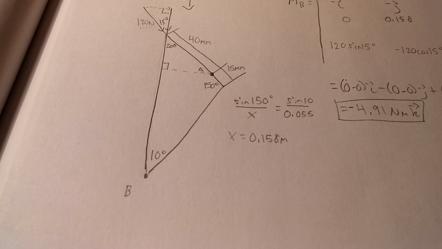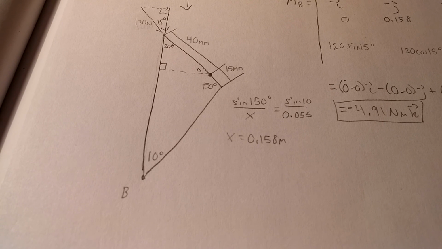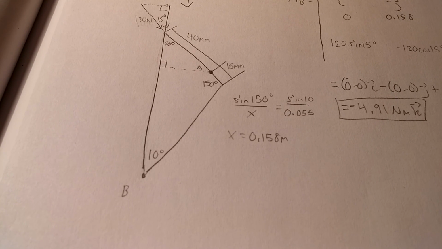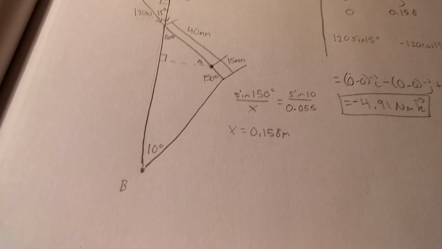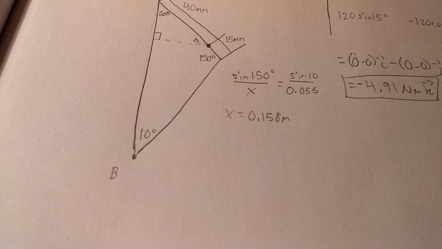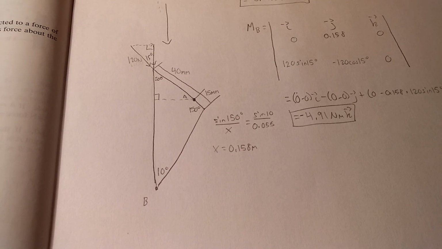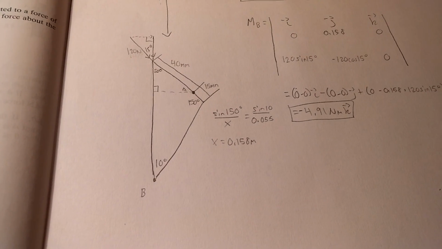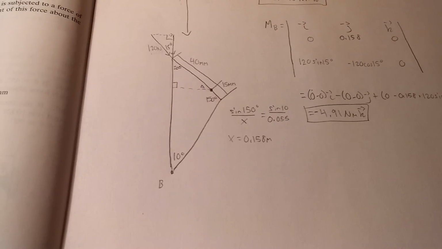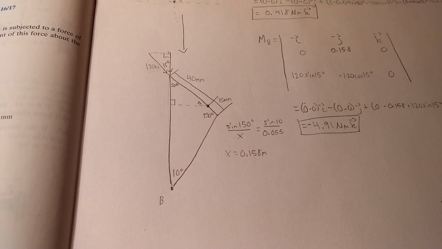Hang on, I'm sorry, I lost my train of thought. Okay, I figured it out. I had copied down the wrong angle from my homework notes, and it was throwing me off.